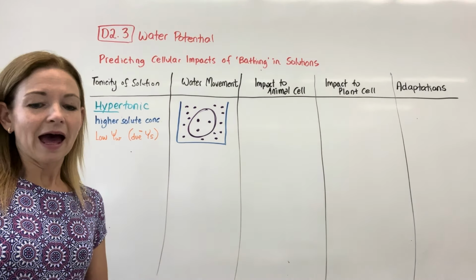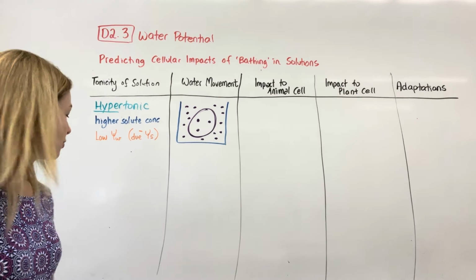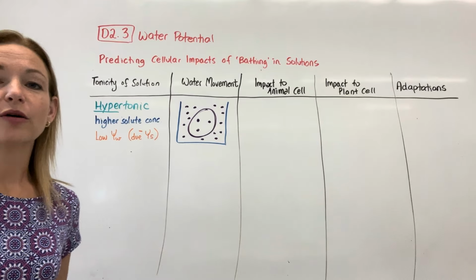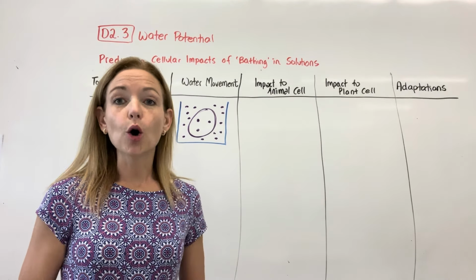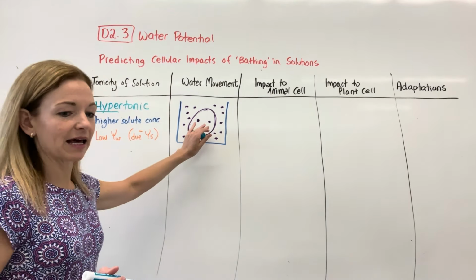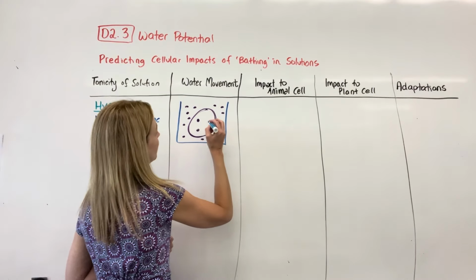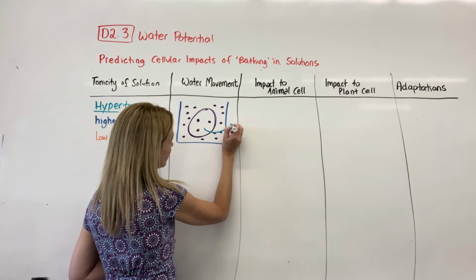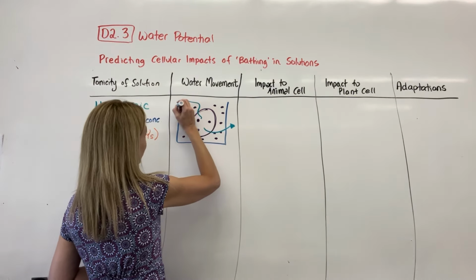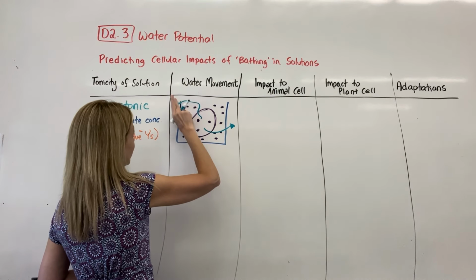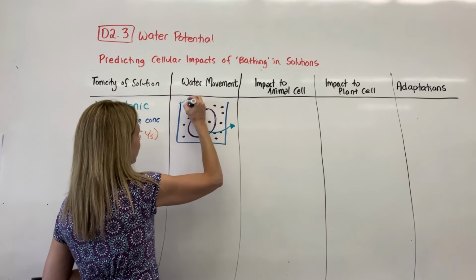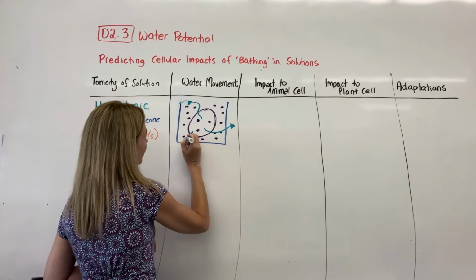Like so. As a result, because we go back to our rules, water is always going to move from hypo to hyper. So my cell is comparatively hypo. So the water is going to start coming out of the cell. Sorry, it doesn't come all the way out the beaker. Just out there. Okay, so water is leaving the cell.